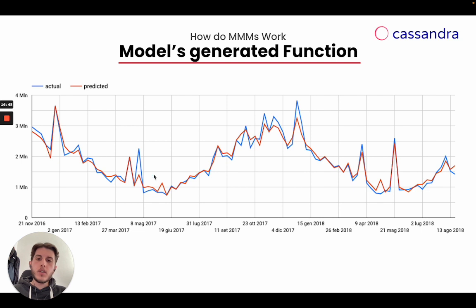And the further on we go over the data, the better it fits, because the model is going to learn from what happens before and is going to tune itself in order to get better and better and basically stick as much as possible to reality. And once we have this equation ready, once we have our model, what happens is that we can use the equation and tell, look, I'm planning on spending 10,000 on Facebook.